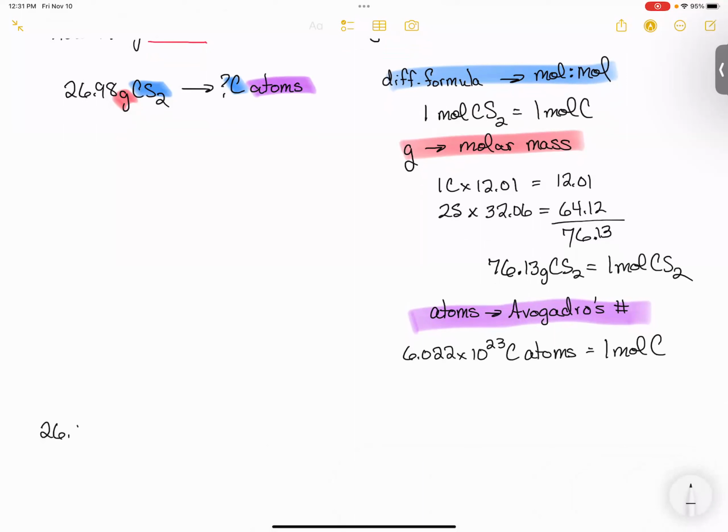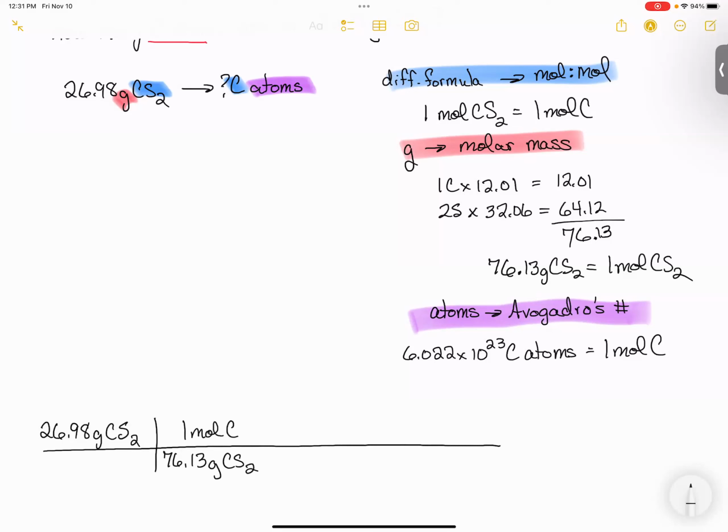So 26.98 grams of carbon disulfide. My first conversion factor is going to have grams of carbon disulfide, so I'll be using the molar mass of carbon disulfide. 76.13 grams of carbon disulfide is 1 mole of carbon disulfide.